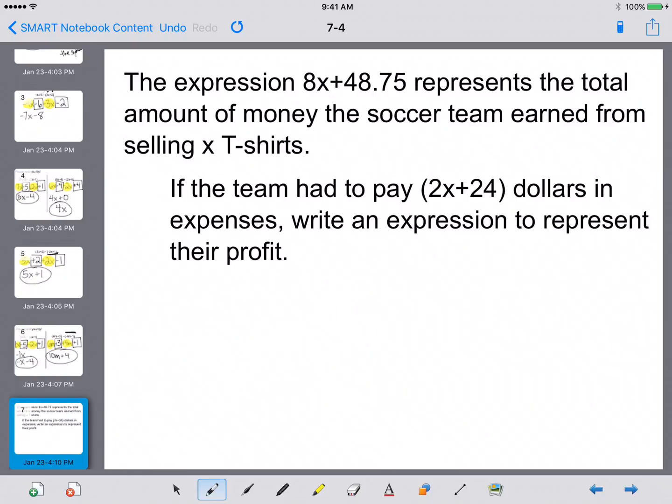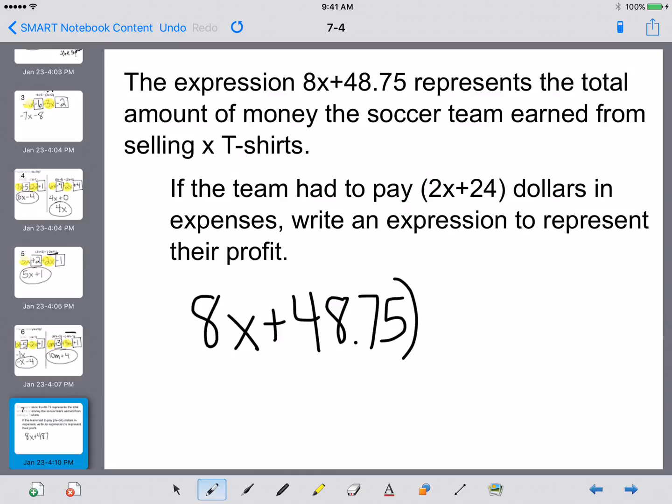So we know that the total amount of money that they earn from their shirts is 8x plus 48.75. That's one expression. If they have to pay means minus. They are losing this 2x plus 24.